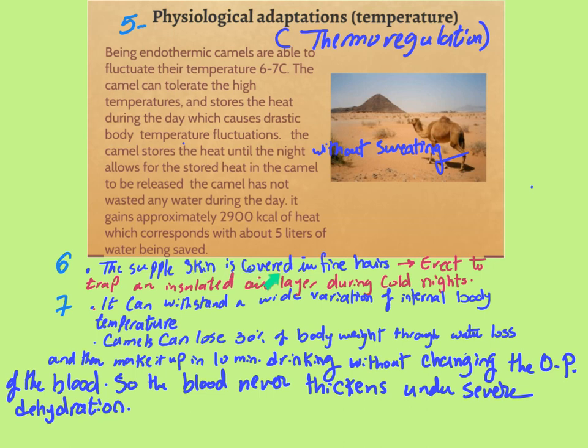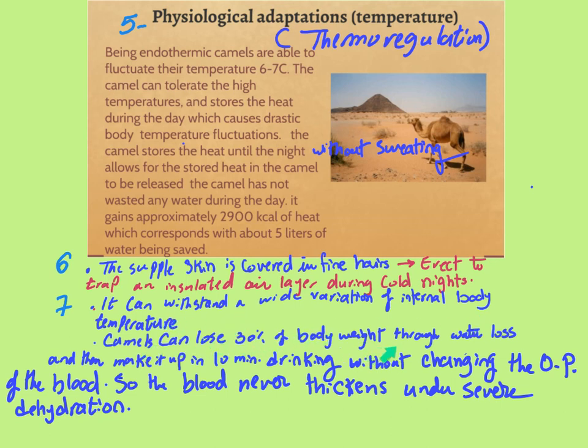The supple skin of the camel is covered with fine hairs. We call it Weber. This erects to trap an insulated air layer during cold nights. It can also withstand the wide variation of internal body temperature.